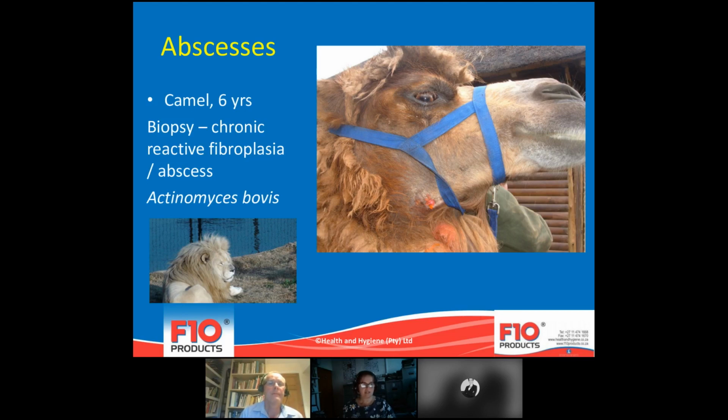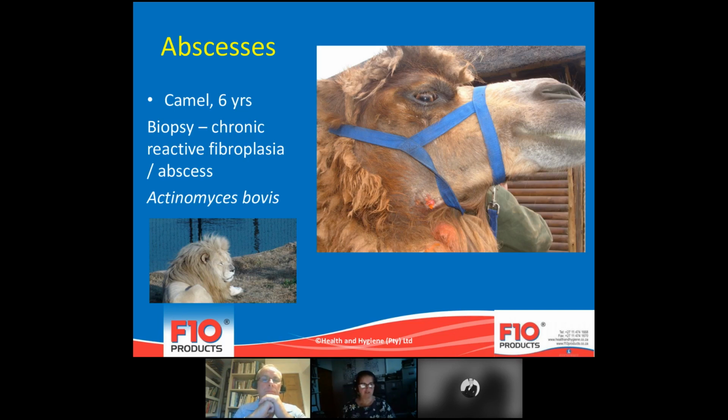Okay. So sticking with abscesses, this was a Bactrian camel that had a small but quite nasty abscess. This was due to Actinomyces bovis, which obviously can cause lumpy jaw. We had to debride right down to the bone, and then we used F10 wound spray to keep the flies off.